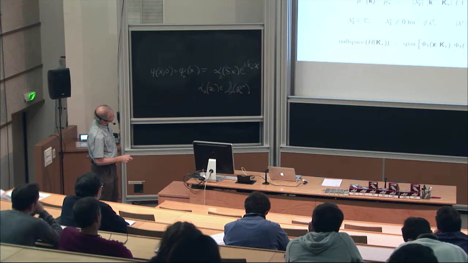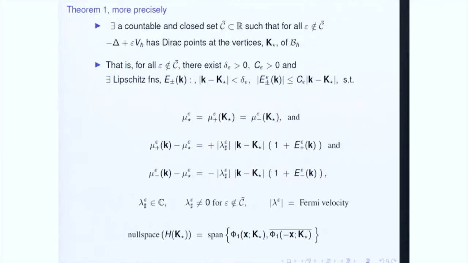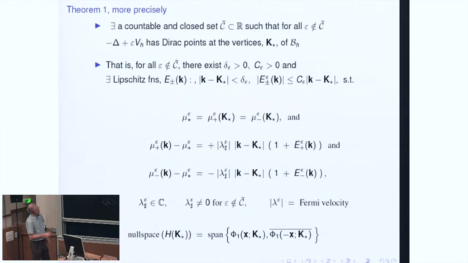So here is precisely what we mean by a Dirac point. We have locally conical behavior. And there's this coefficient over here, lambda, the modulus of lambda, which has to be positive, and this is what is called the Fermi velocity, something that has to be studied carefully. It's a complex number, and we're interested in showing that this is non-zero.